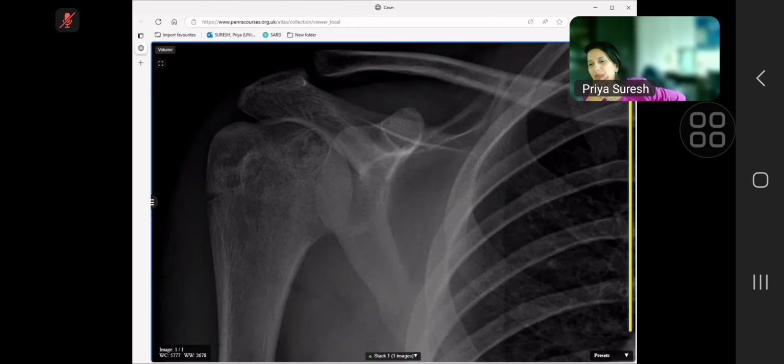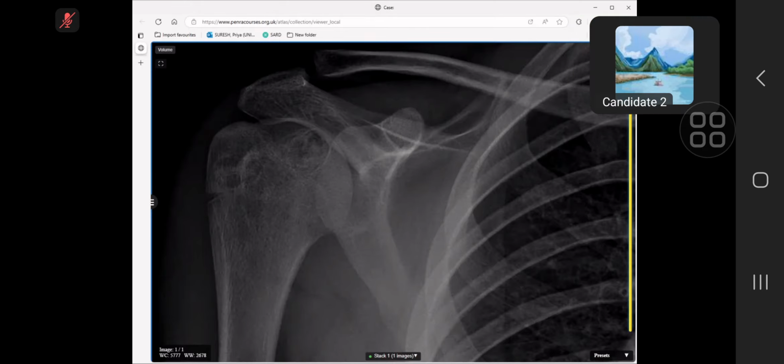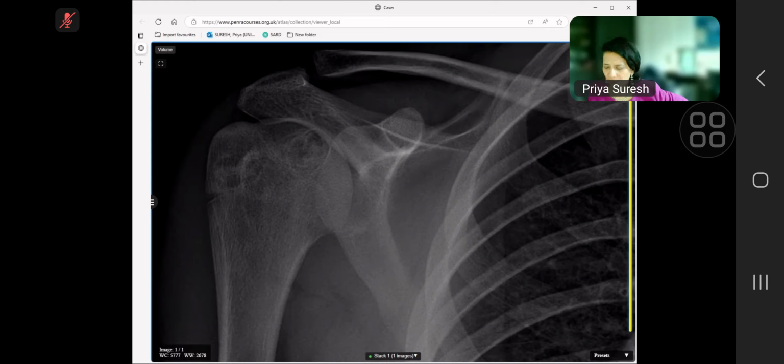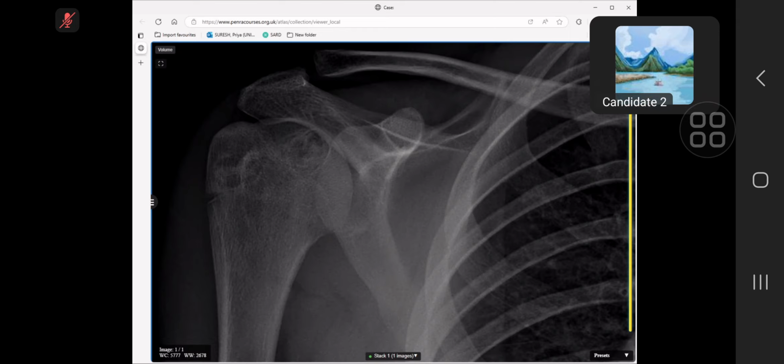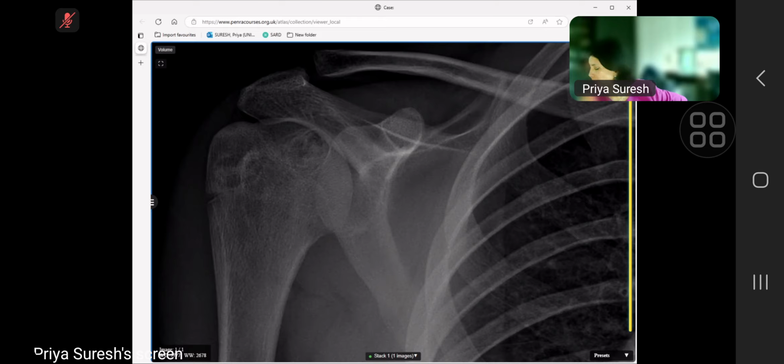So I suspect that it can be an aggressive process. Okay, so what do you want to do next? It can be a chronic osteomyelitis as well. Okay, so I have chronic osteomyelitis and leukemia as your differential. So ma'am, what do you want to do next?